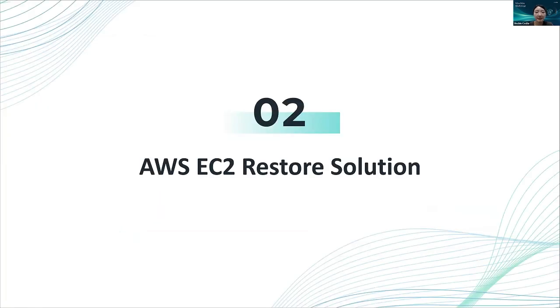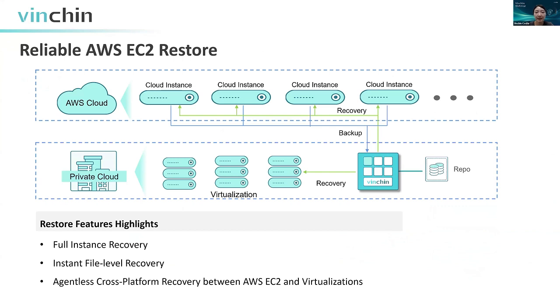And for this part, I'd like to introduce our restore solutions for AWS. For instance recovery on AWS, Vinchin offers multiple restore options. You can choose either the full instance restore or the granular file-level restore.